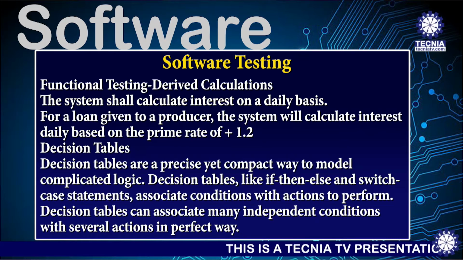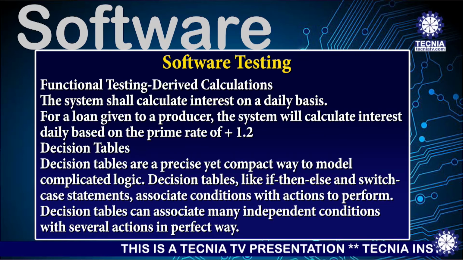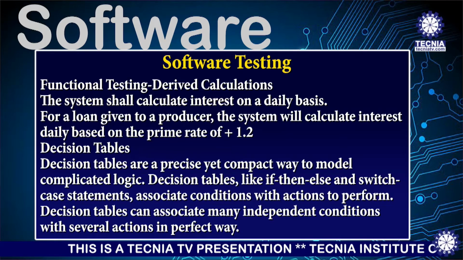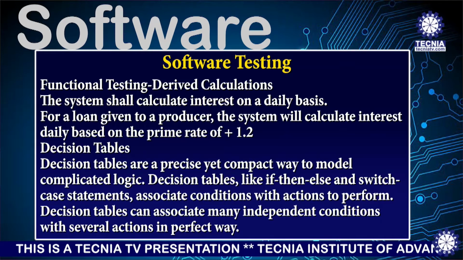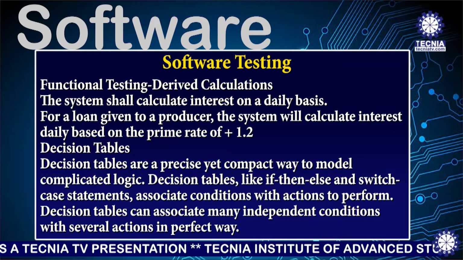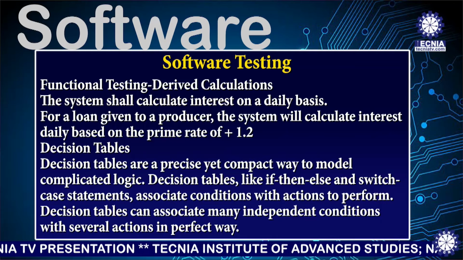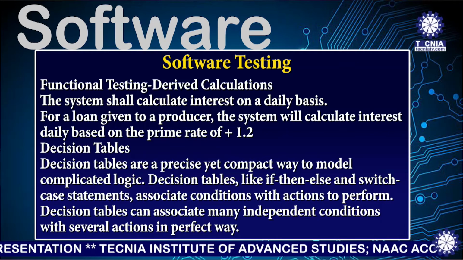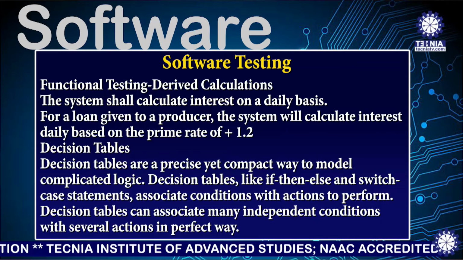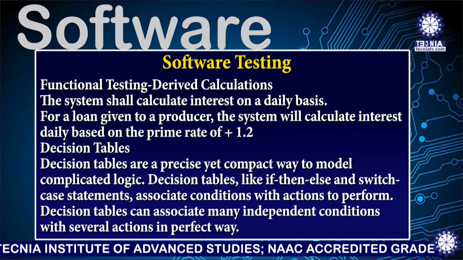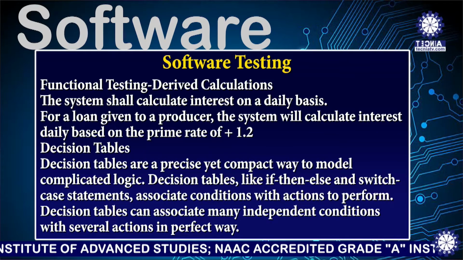And friends, in calculating the interest, we can use 2-point decimal, 4-point decimal, or 7-point decimal. If we use more decimal points, then the system will give a perfect value. If we use fewer points, then it may not give perfect results.